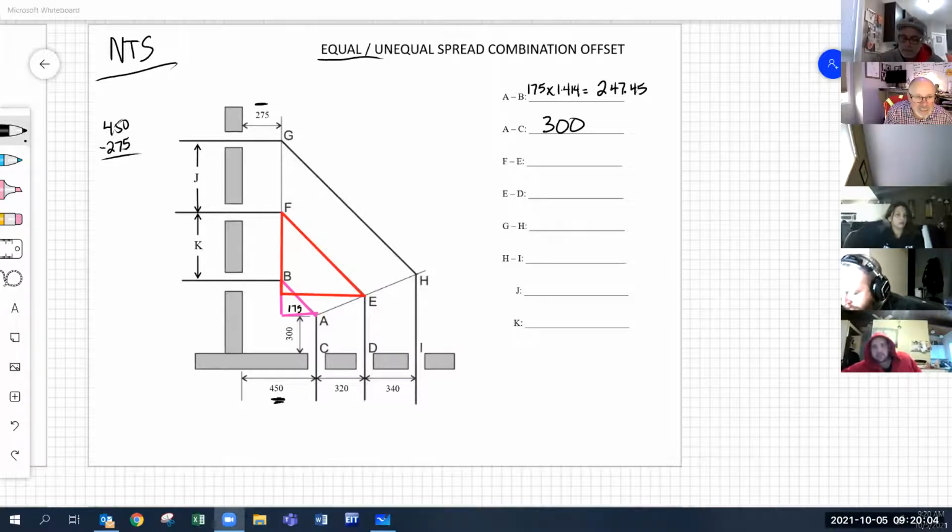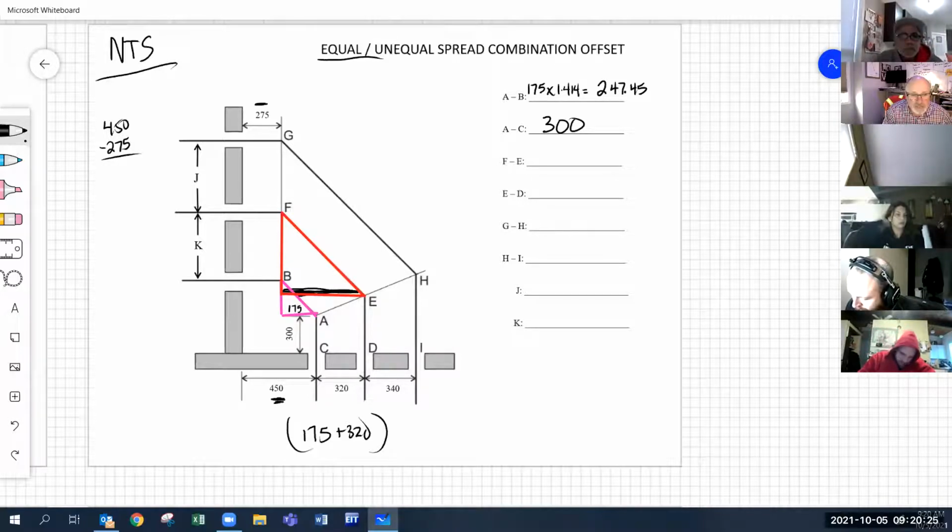So I need to get this run right in here, and I could do that by going 175, because that's this measurement right here, 175 plus 220 plus 320, which is the rest in here.